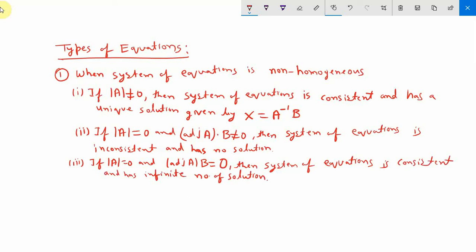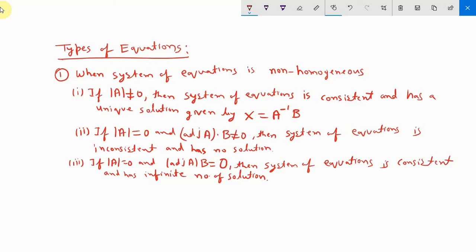So in type of equations, first type will be when system of equations is non-homogeneous. In this, there are three cases. First is determinant of A is not equal to 0, then system of equations is consistent and has unique solution.